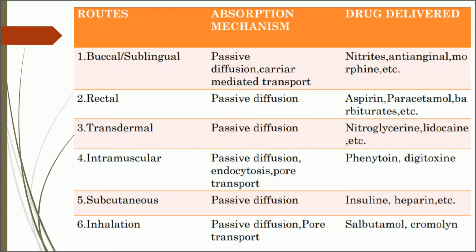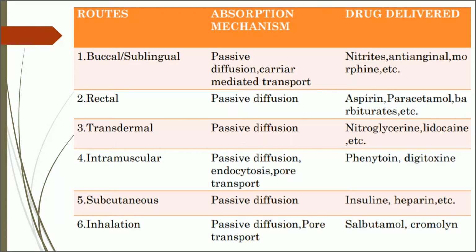Now in this summary, we can see the various routes of drug administration, the absorption mechanism for that particular route, and examples of drugs delivered or marketed preparations based on these non-peroral routes of drug administration.